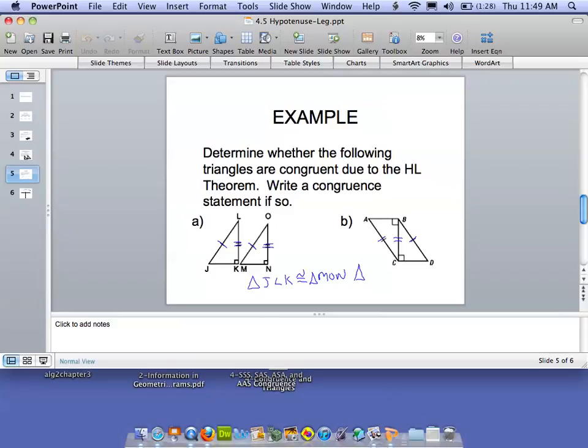If I called the first one triangle ABC, triangle ABC is going to be congruent to triangle DCB. Remember on that quiz where some of you fell down a little bit on naming the appropriate corresponding vertices, that's important. So ABC congruent to triangle DCB.